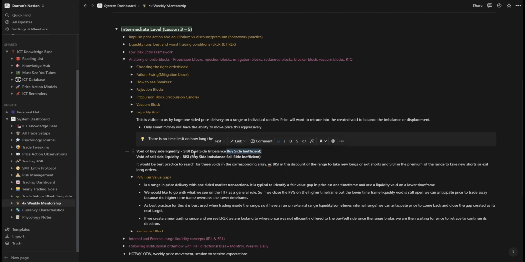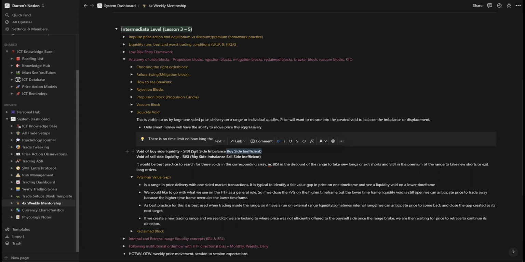So the easiest way I normally tell people to learn this, because sometimes they get confused and use a BISI for selling and a SIBI for buying: think of the S in SIBI for selling and the B in BISI for buying. SIBI is selling, BISI is buying. BISI is a bullish liquidity void, SIBI is a bearish liquidity void.